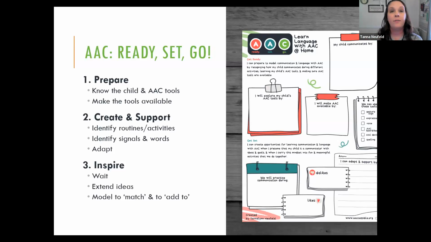Another example, if it's visual stimulation, movement is usually going to create the same thing that visual stimulation on a screen creates. And so this might be a child that I want to put in an office chair and push around the house or spin in the office chair in different directions. Or maybe we want to take different objects and we want to launch them so that we can watch them fly.